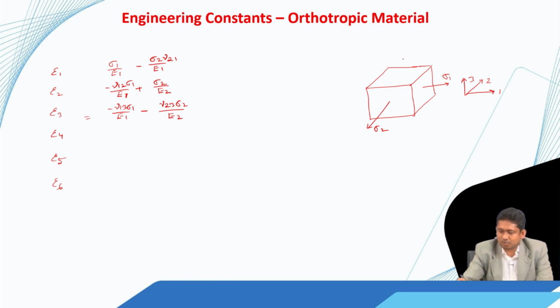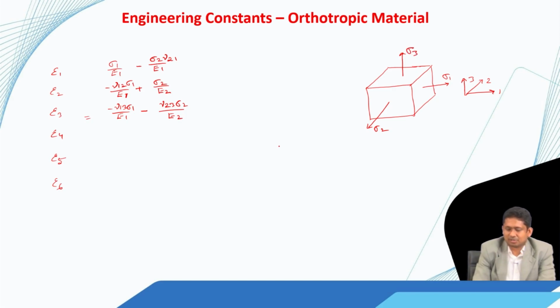Now, we load it with a normal stress in direction 3 and superimpose the effect. So, because of that we are going to have a normal strain in direction 3. So, it is sigma 3 divided by E 3, and because of the Poisson's effects we are going to have strains induced in other directions.